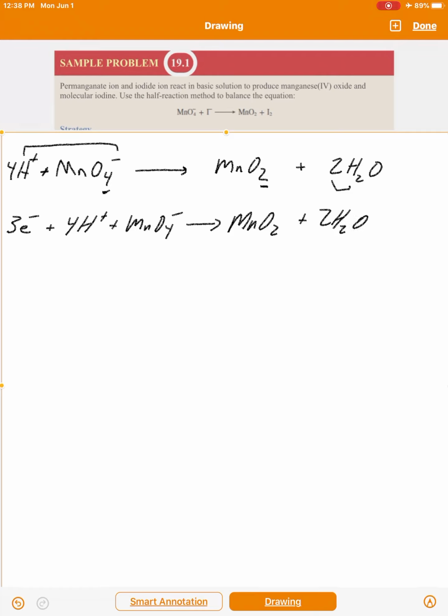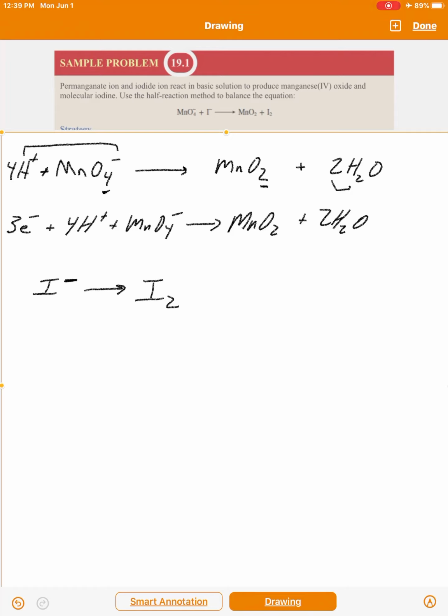Okay, charge is balanced, manganese is balanced, oxygen is balanced. Next step, do the second half reaction. Iodide ion, that's called iodide, is turned into iodine. Iodine is the element, iodide is the ion.